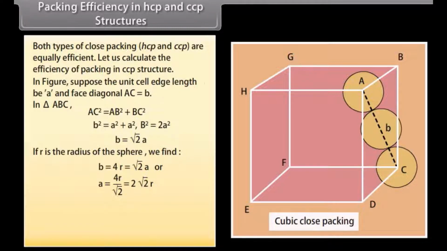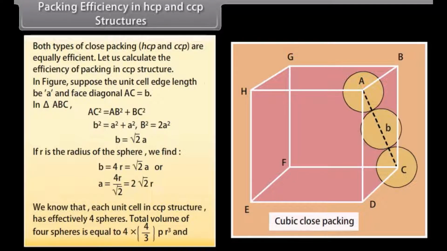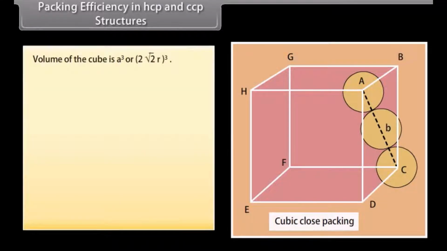We know that each unit cell in CCP structure has effectively 4 spheres. Total volume of the 4 spheres is equal to 4 into 4/3 πr cubed, and the volume of the cube is a cubed or (2 square root 2 r) cubed.